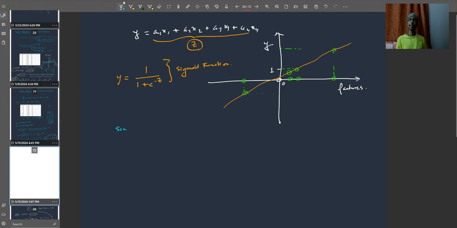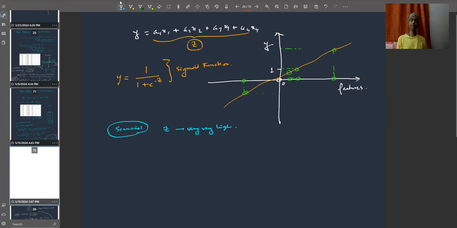Let's say there is a scenario 1 where z is very, very high. Right? z is a very high number. Then what happens, friends?